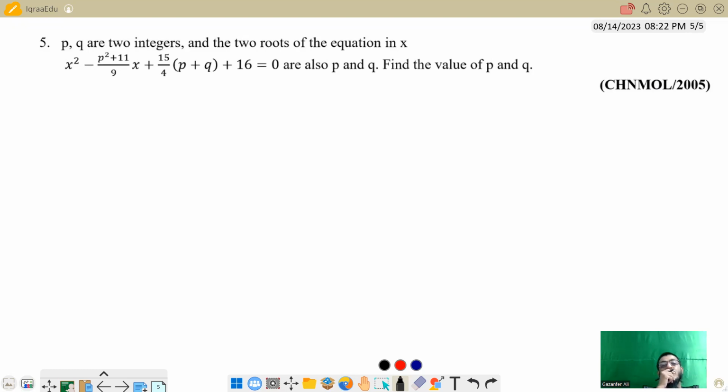P, Q are two integers and the two roots of the equation in x are also P and Q. Find the value of P and Q. Okay, I'll give you a few minutes.